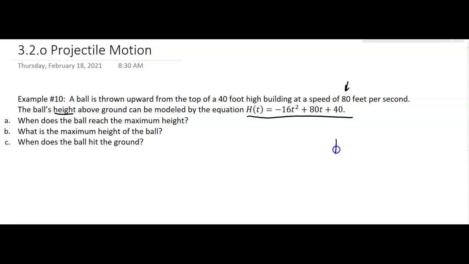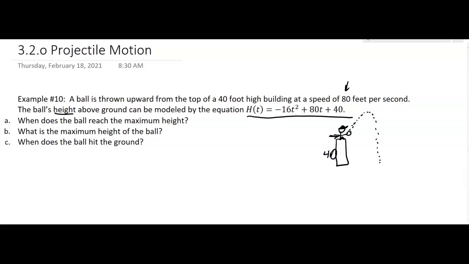So here's what's happening. Here's a building. We're standing on top of the building. My little guys always have a hat. And we're going to throw this ball up in the air. The ball's going to go up, and then eventually it's going to start falling down to the ground, right? Okay. So right here, the ball starts out 40 feet off the ground.